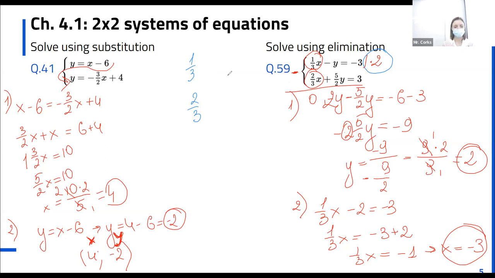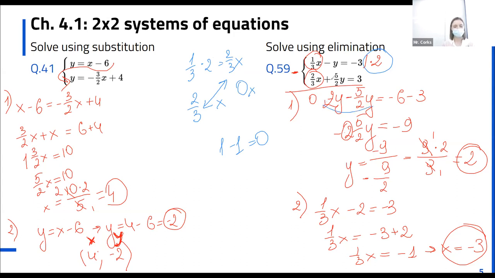If we have like 1 minus 1, we get 0. The same is here. If we multiply by 2, we get 2/3. So these fractions will be equal. And when we subtract 2/3 x from 2/3 x, we have 0x. So we have only y's in the new equation.